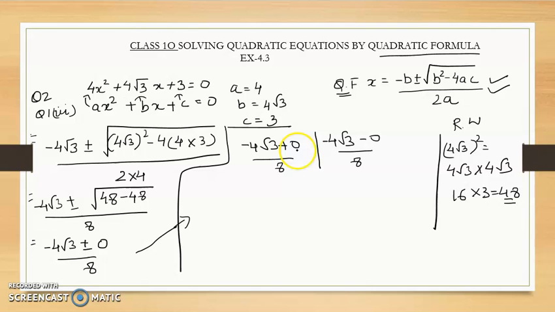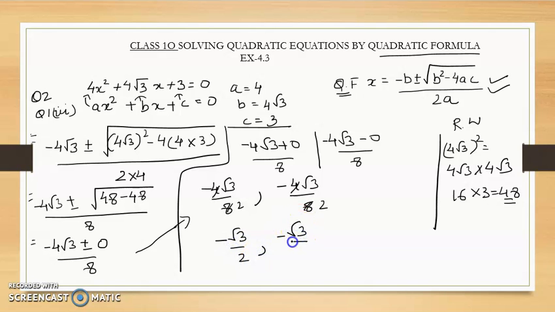Minus 4 root 3 plus 0 is minus 4 root 3 upon 8. Minus 4 root 3 minus 0 is the same thing, minus 4 root 3 upon 8. So 4 ones are 4, 4 twos are 8. So minus root 3 upon 2, comma, minus root 3 upon 2.